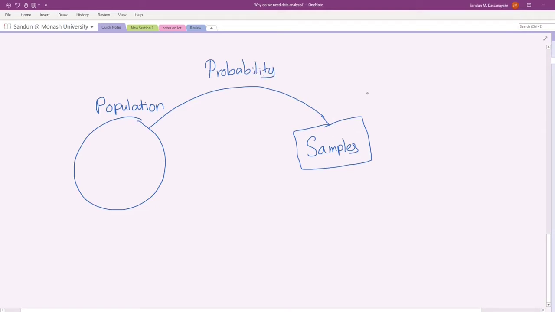This sample can be representative of the population, and it also may not be, depending on the context and the way you have chosen it. When you have a very small probability of obtaining such a sample from that population, we say that it is kind of not representative. And from the samples, we can create different descriptions.